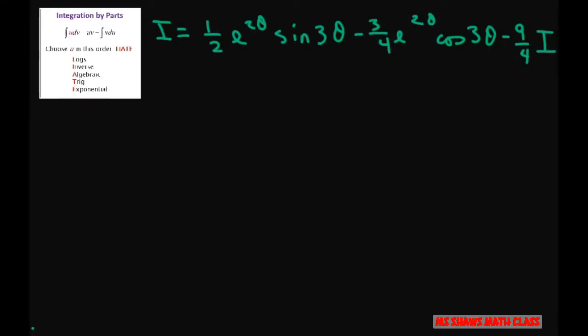I'm just going to call it I. Remember, my original integral was the integral of e to the 2 theta sine of 3 theta d theta. So that's what goes here.